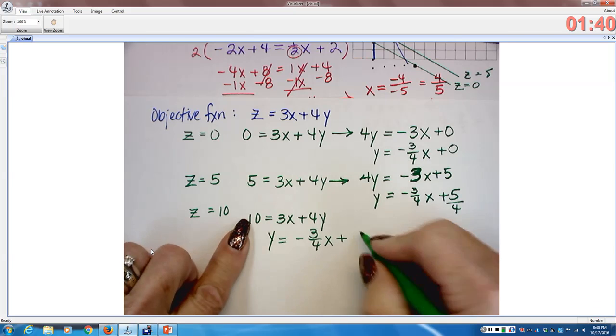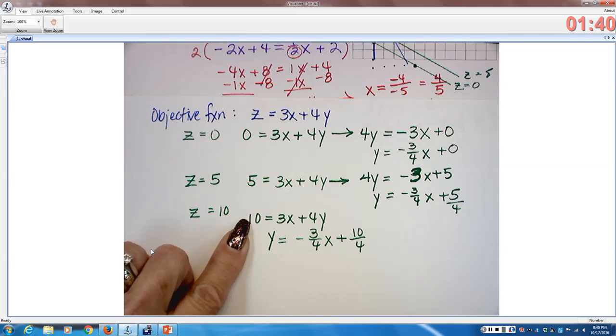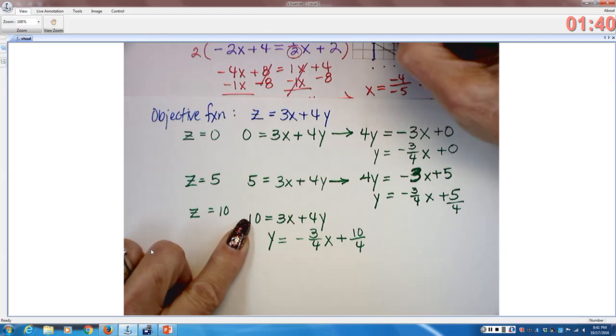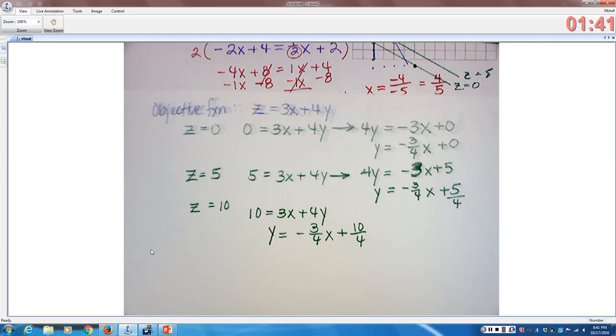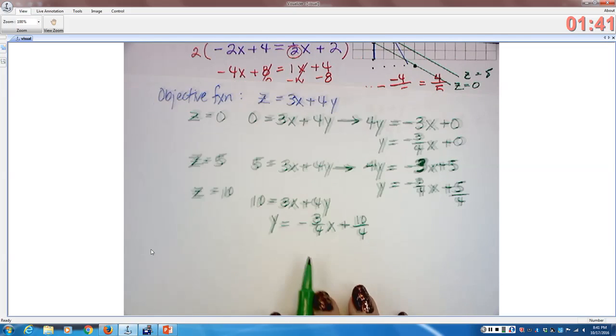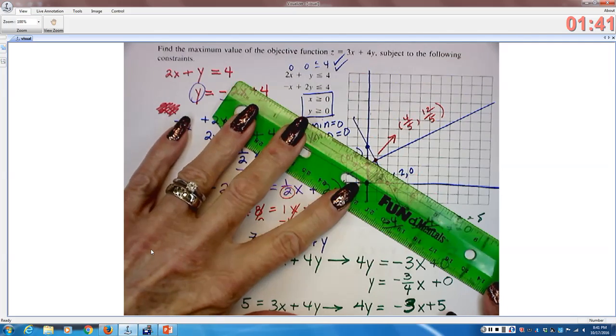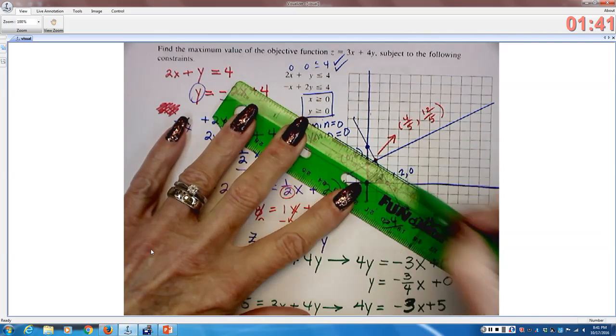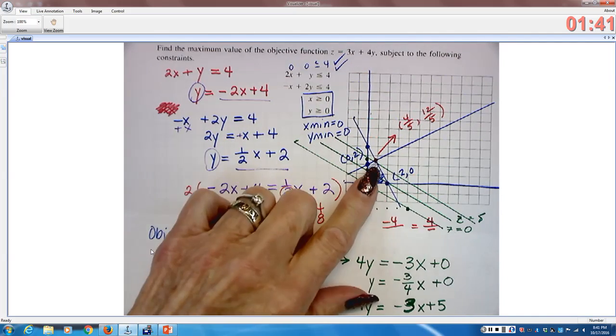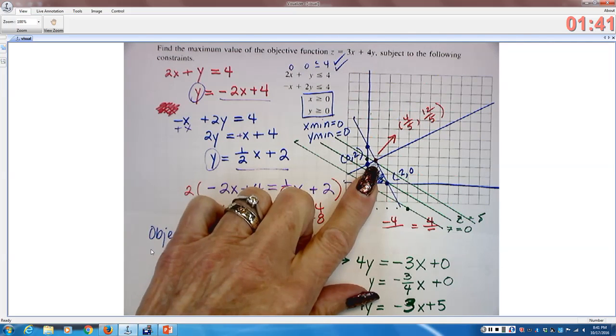What's going to change is it's going to be 10 over 4 now, which is 2.5. So now the intercept is going to be, here's 2, here's 2.5. And again, the line's going to be parallel because it still has the same slope. I'm barely inside the feasible region.